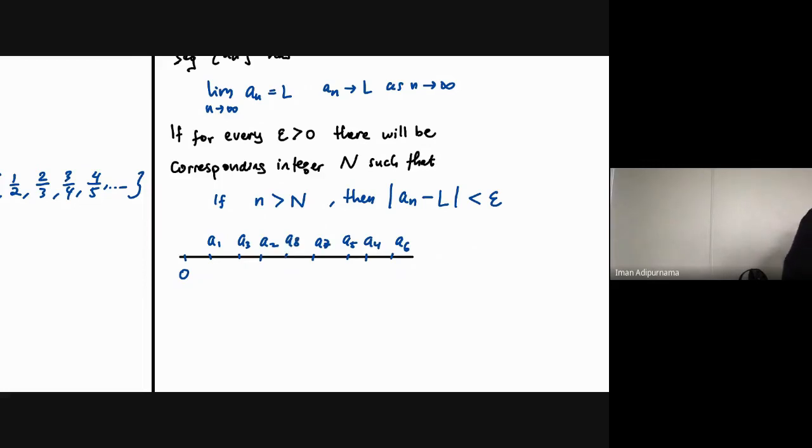Let me illustrate the L. Let's say this is the L. What I want to show you is that from 0, A1, A2, it will be moving randomly, but eventually when n is getting bigger, it will reach the L, like we did before. This is a more random sequence, so you know that it's not always 0, then A1, A2, getting closer, closer, closer.